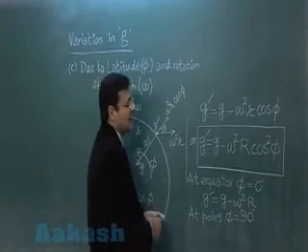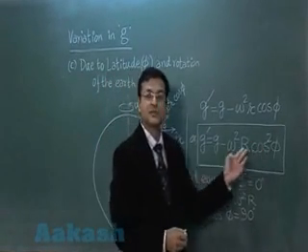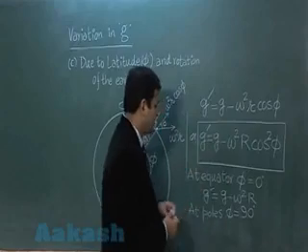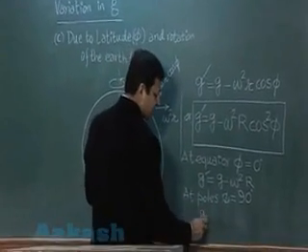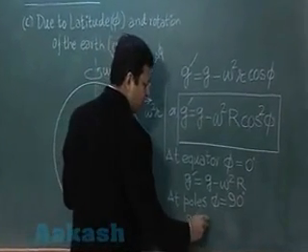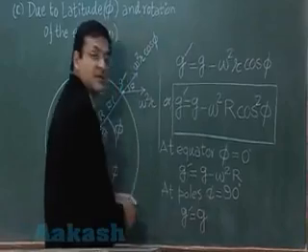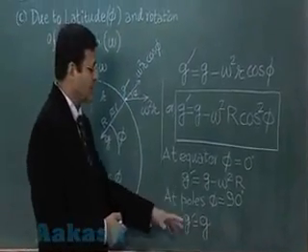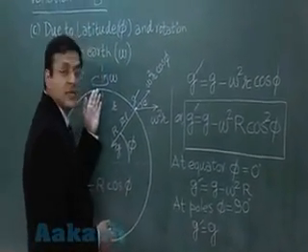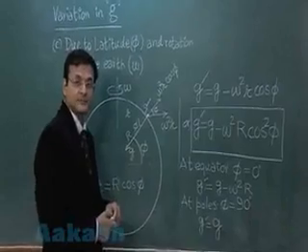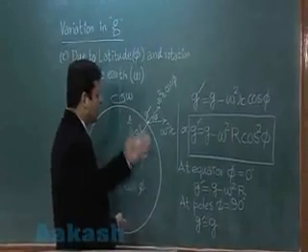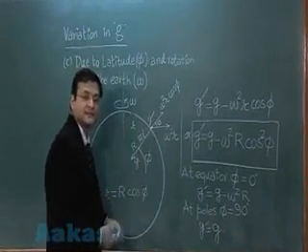If you substitute 90 here, cos 90 becomes 0. So acceleration due to gravity g dash is equal to simply g. That is maximum on the poles and minimum on the equator. This is the kind of variation you have on the surface of the earth.